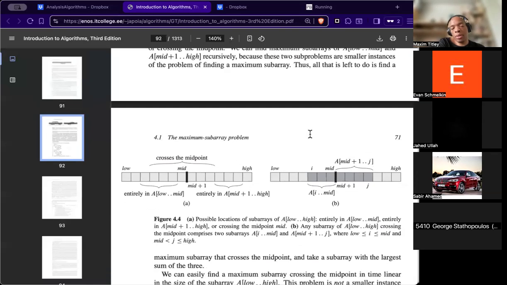So here's what that means. I could have some subarray that is right here, or some subarray that is somewhere over there, or a subarray that is over here entirely, right? So it's either one side, the other, or it spans both sides because it crosses the midpoint.